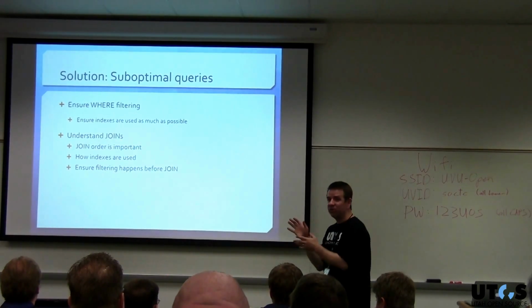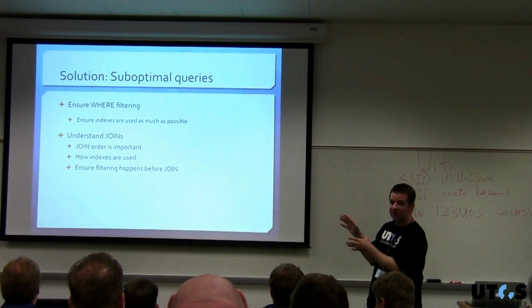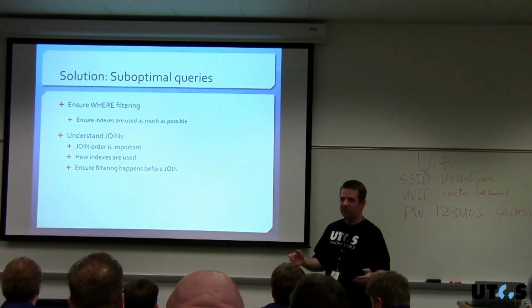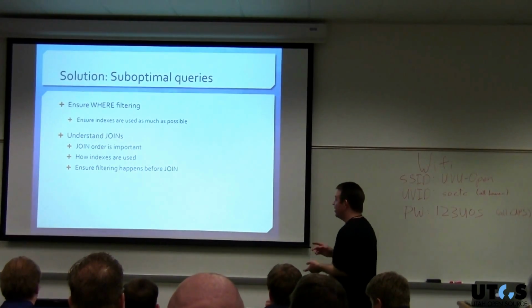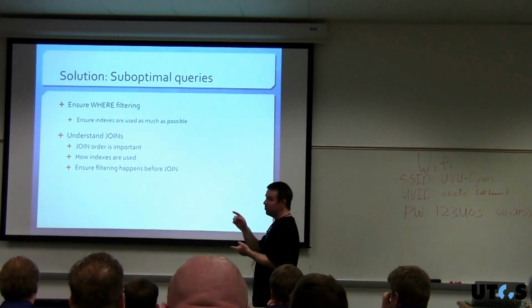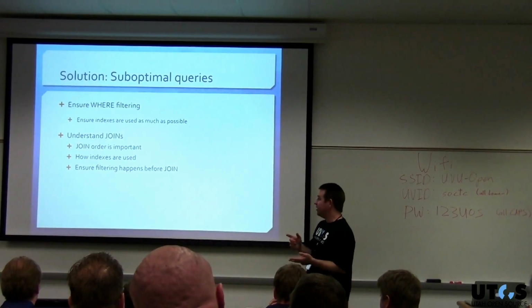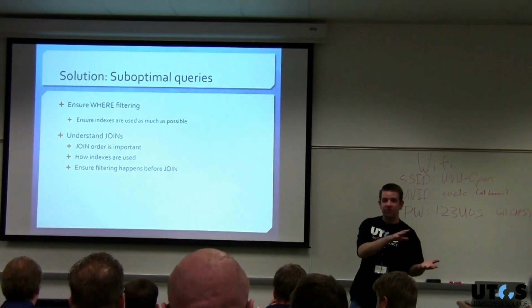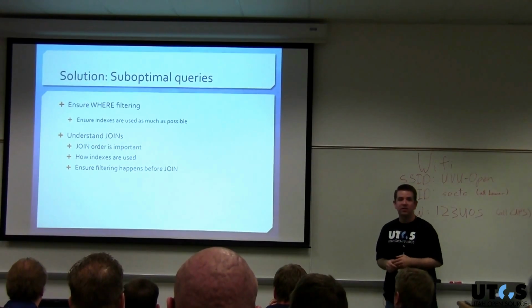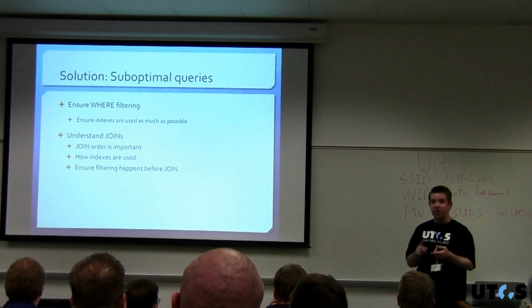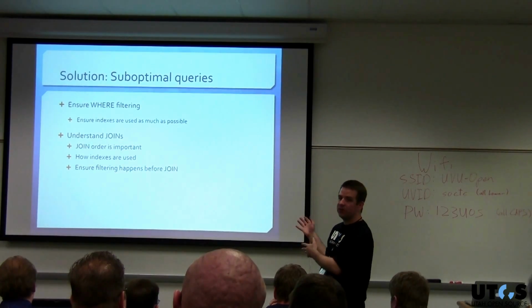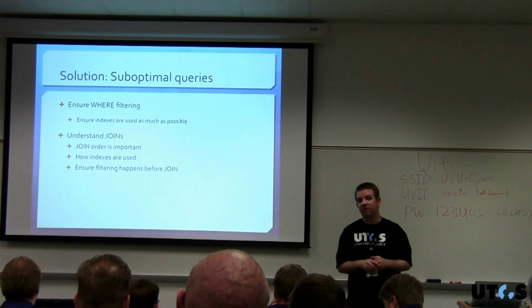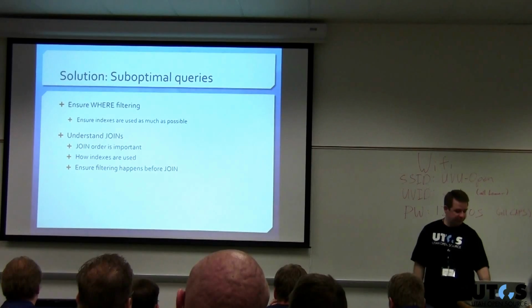That's probably more than anything else. If you can get joins nailed, you'll be able to write much more optimal queries. Understanding the join order, like we talked about, how the indexes are used, and getting the filtering happening in the right order. Understanding all that, and part of that is also understanding your data. You have to understand your data in order to understand how to craft your queries.